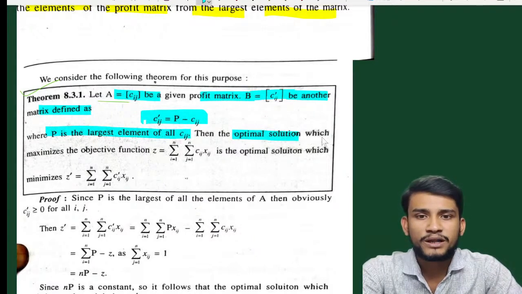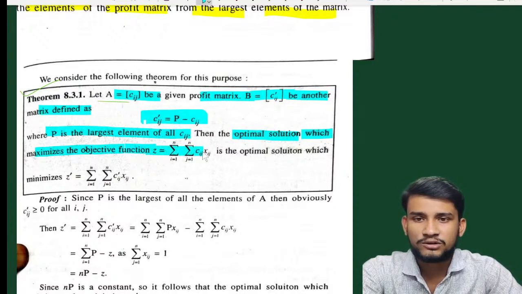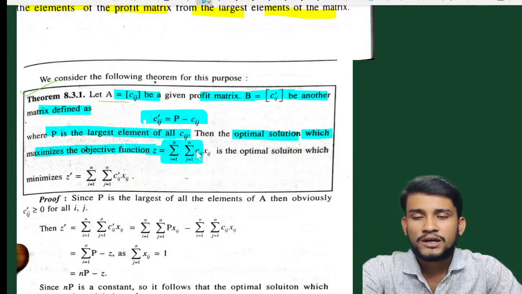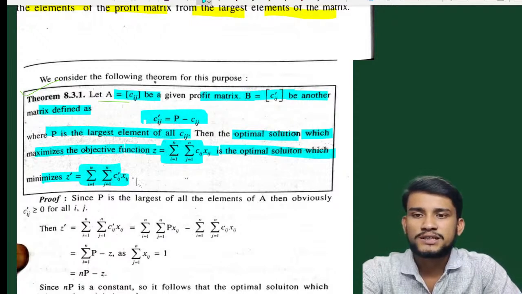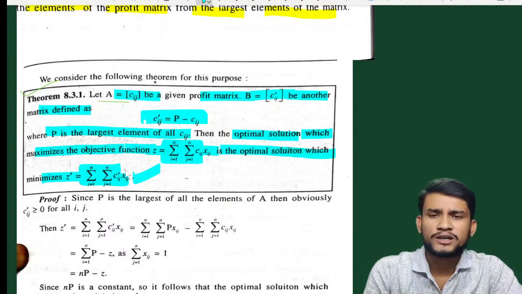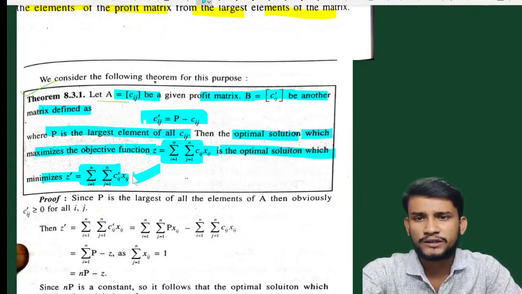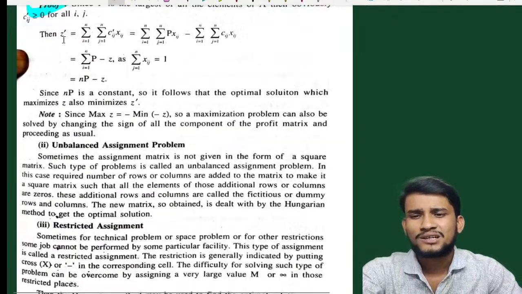Then the optimal solution which maximizes the objective function Z = summation i = 1 to n, summation j = 1 to n of Cij xij is the optimal solution of the minimization problem Z' = summation i = 1 to n, summation j = 1 to n of Cij' xij. So this is the theorem, that is we first convert the profit matrix to the cost matrix and then solve it. Here the proof is given, you can see it.